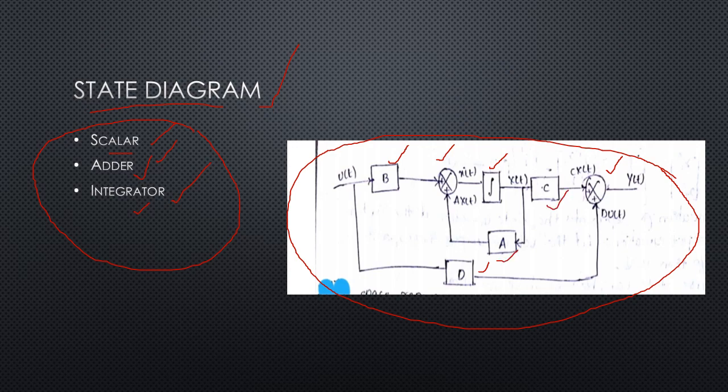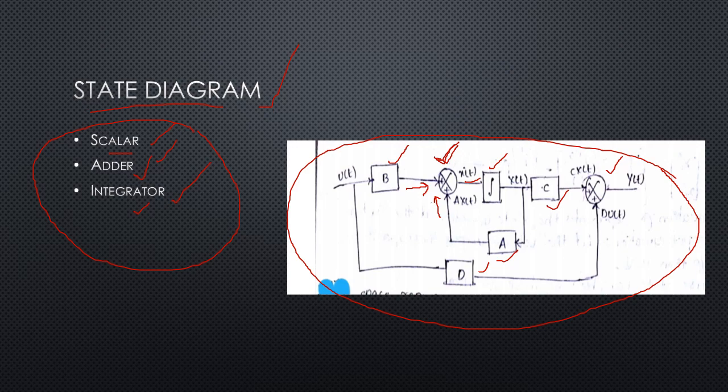When we consider the first adder, what is the output of the adder here? The output of the adder here is x dot of t, where the incoming signals to the first adder are B into u of t and A into x of t.